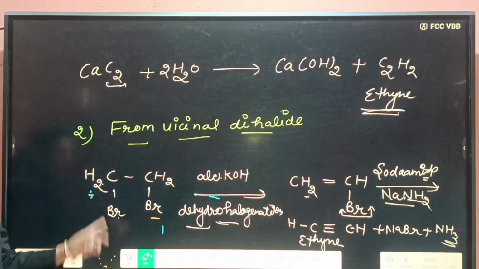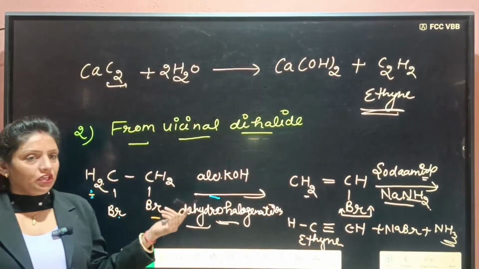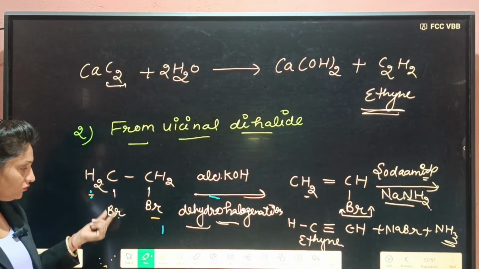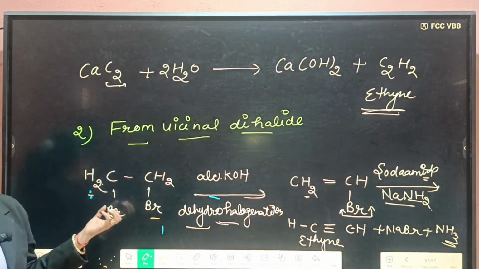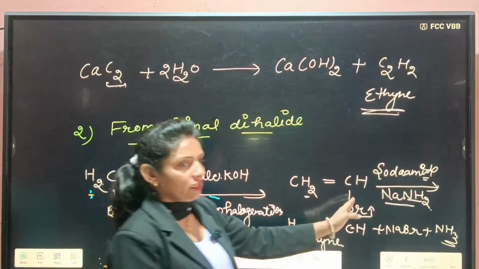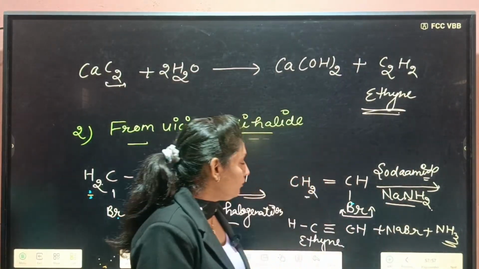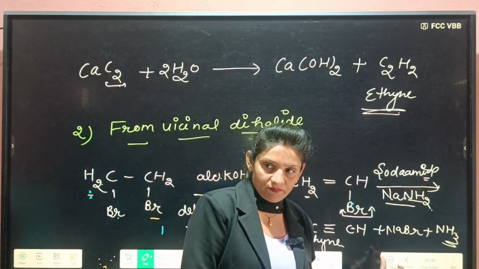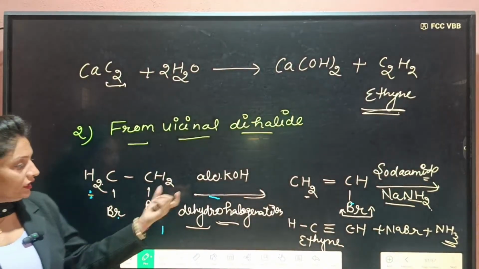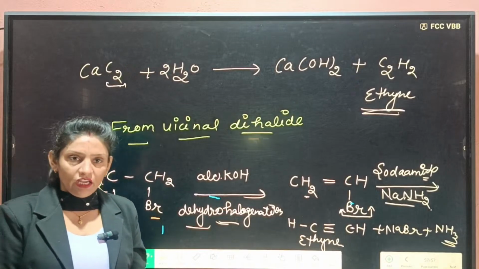From one carbon you will eliminate hydrogen and from the other you will eliminate halogen, and you will put one more bond because you are creating one valency from here and one from here, so you will put a double bond. Further you will do the same thing in presence of sodamide, and finally you will get the alkyne. Clear or not? So these are the only two methods given in your NCERT, from calcium carbide and from vicinal dihalide.